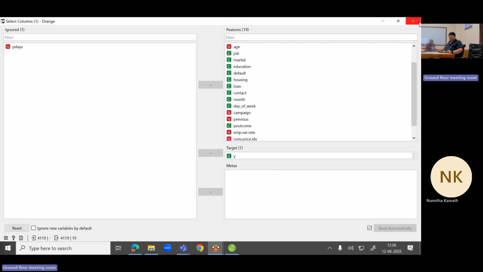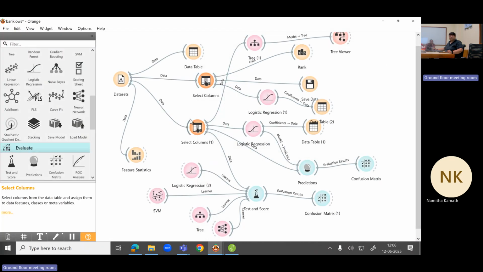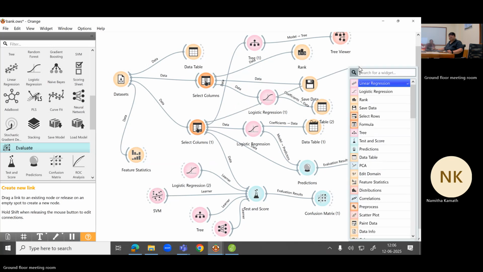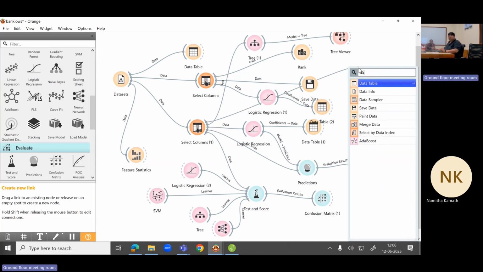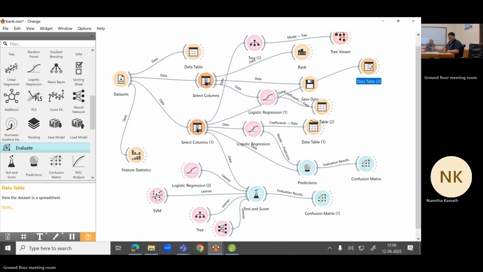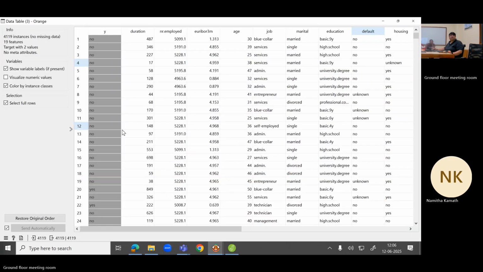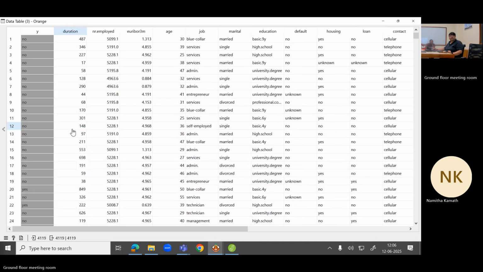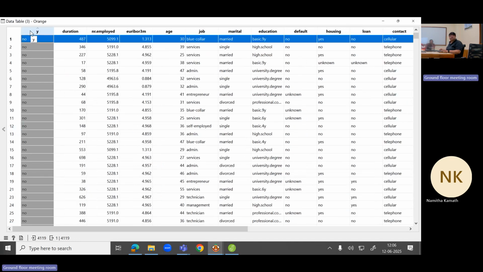If this doesn't work, the other way you should work. So you have to be flexible. Go to the data table, or take the data table here. Try gathering all the values.